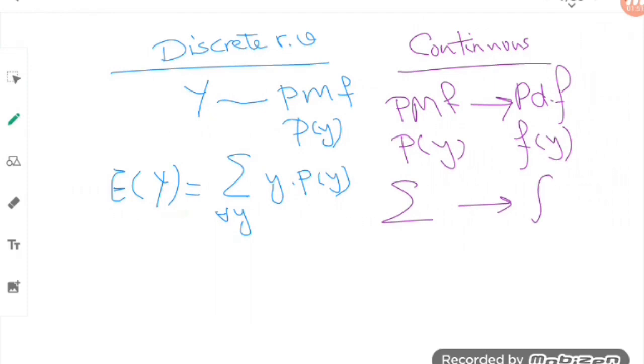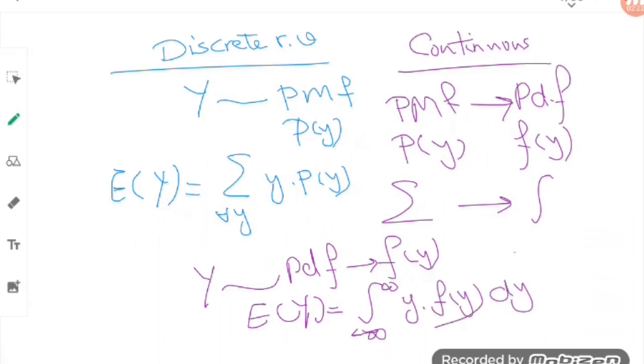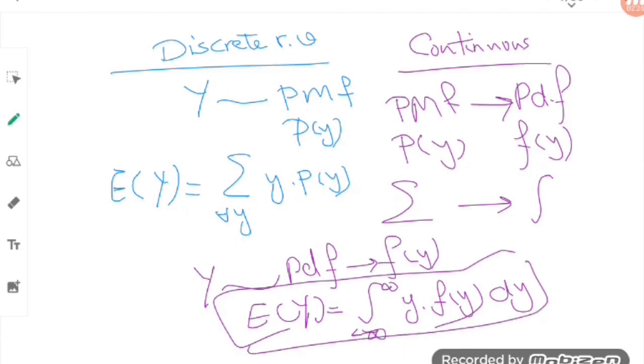So we can expect the rule for computing the expectation in the case of the continuous random variable to be: if y is a continuous random variable defined by the probability density function f of y, then the expected value of y is computed as the integral over all values of y from negative infinity to infinity of y times the probability density function. So this is the rule in the case of the continuous random variable.